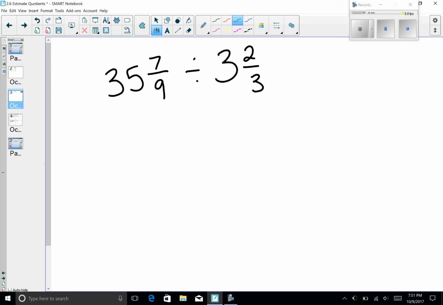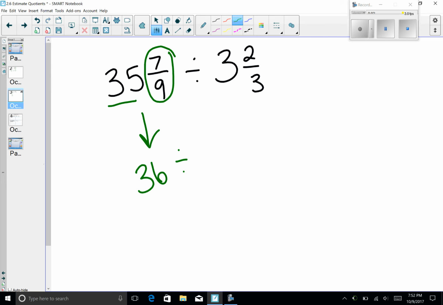Let's take a look at another example. 35 and 7/9 divided by 3 2/3. So again, I'm going to take a look at my 35, and I'm going to look at the number next to it. Is that number closer to a whole, a half, or 35? Well, in this case, it's closer to a whole, so I'm going to round up and make this number 36.